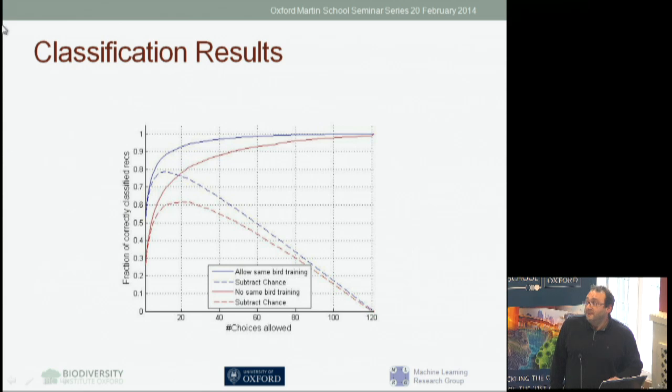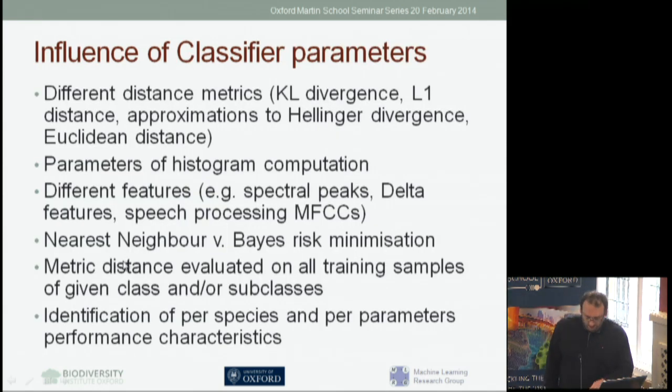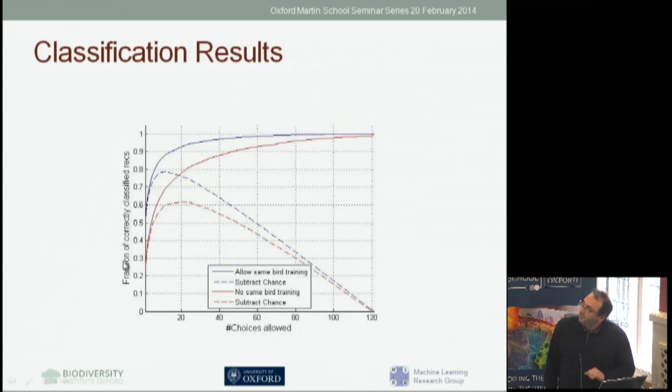So this practically means that if you don't have recordings from the same individual, you would get it right around 35% of the time in the first try, and then you would very slowly increase your performance as you give it more tries.